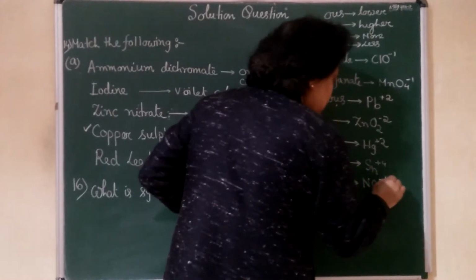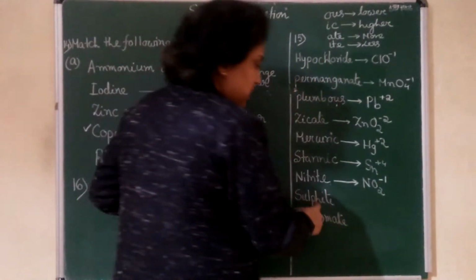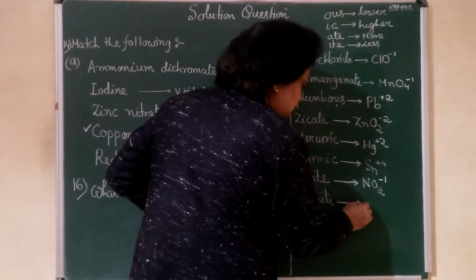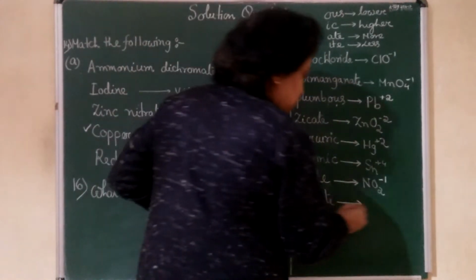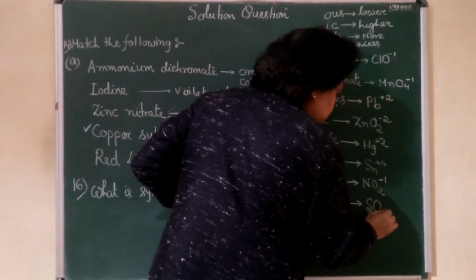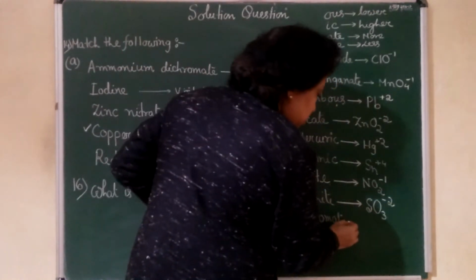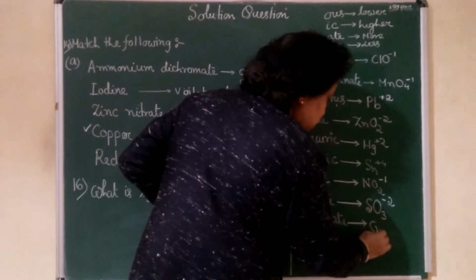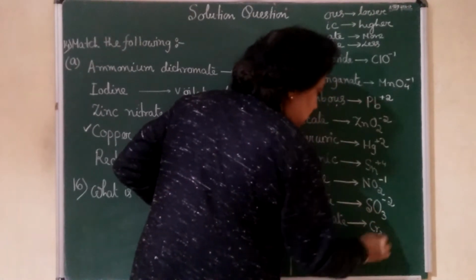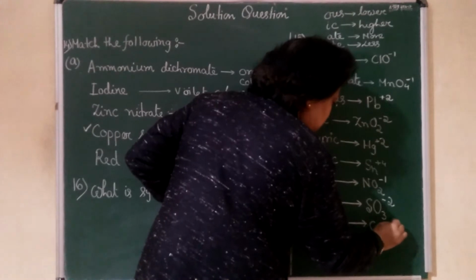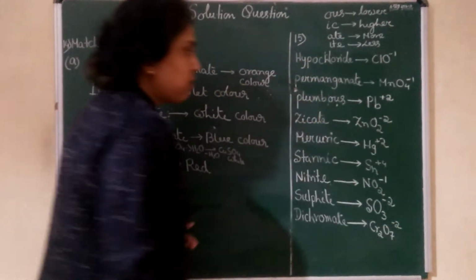Charge is minus 1. Sulfite, ite and ate again: this is SO3, charge is minus 2. Dichromate is chromium related, so Cr2O7 minus 2.